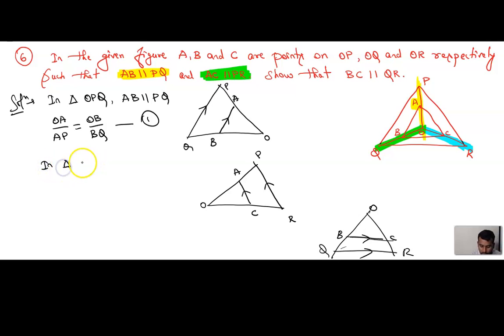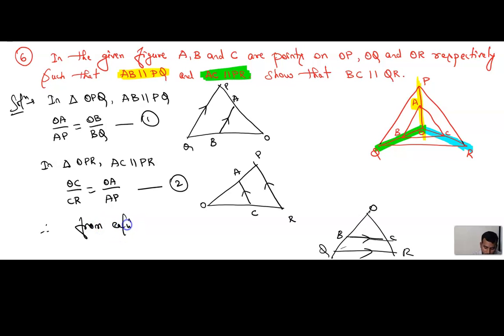Now the second figure. In triangle OPR, AC is parallel to PR. Apply BPT. OC by CR is equal to OA by AP. Equation 2. Therefore, from equation 1 and 2, see the common sides.